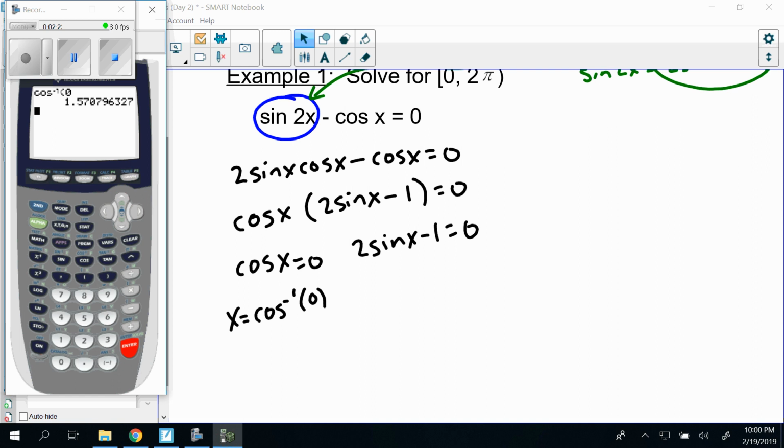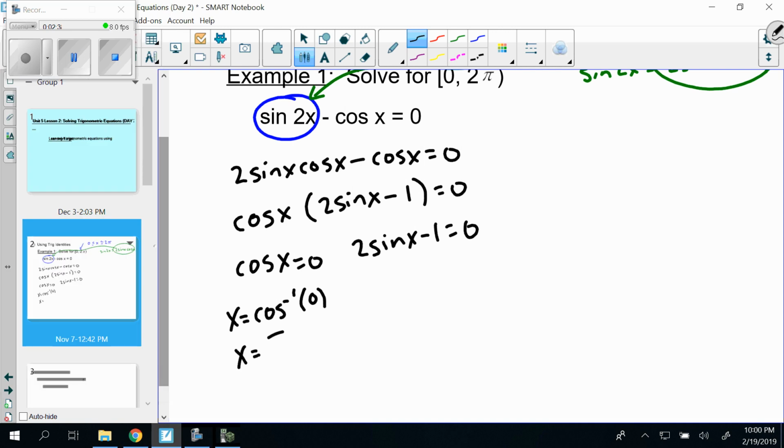And you can see we get that answer there. Remember, pi is part of this, so we want to divide out pi. And now that leaves us with 0.5 or 1/2, so we know that the answer here we get is pi over 2.